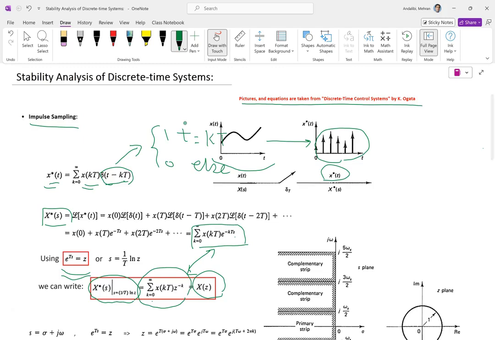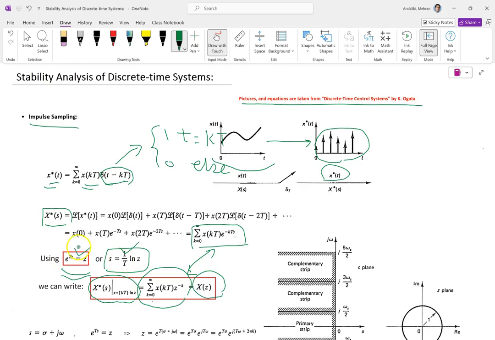And again, the way that you go from the Laplace domain to the z domain is by this change of variable, e to the Ts equals z, or if you want s versus z, s is 1 over T natural log of z. Okay, so if we use either this or this, we can go from the s domain to the z domain, or here on the right we can go from the z domain to the s domain.